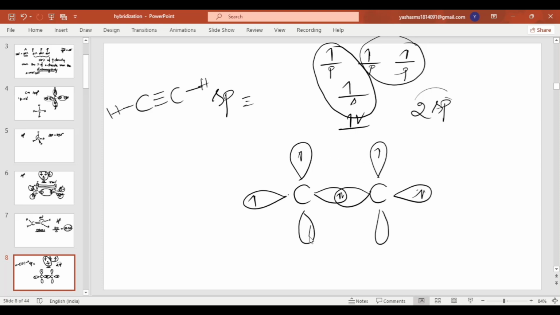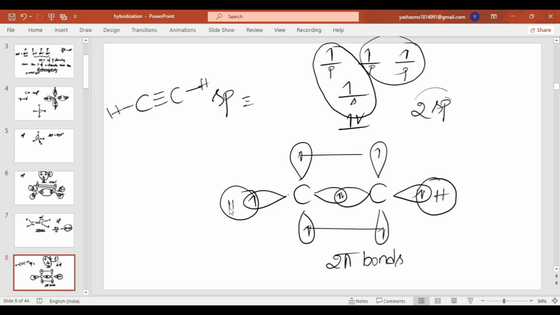Then these two will form two pi bonds, and the sp hybridized orbitals will form bonds with hydrogen like this.